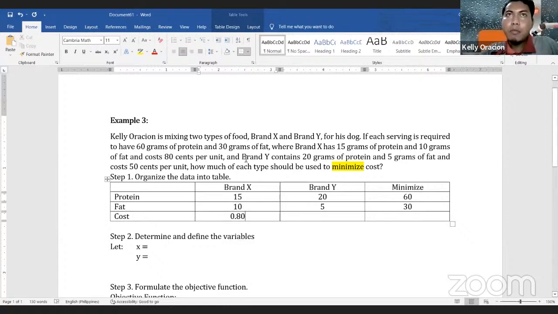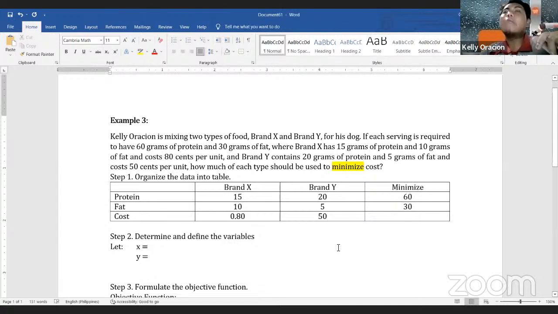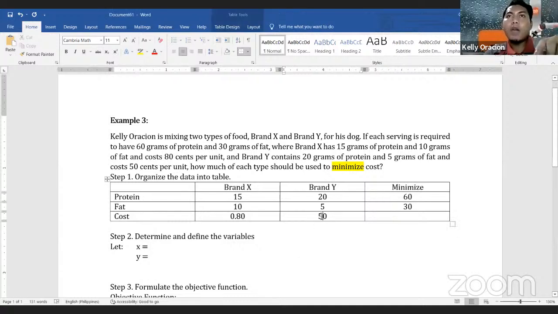Next, brand Y contains 20 grams of protein, 5 grams of fat, and costs 50 cents per unit. So 50 here too. Now, this is our table. Based on the table, we can create our linear model. But before that, let's proceed to step 2. Wait, 50 cents is 0.50. I forgot, 0.50, since it's cents.